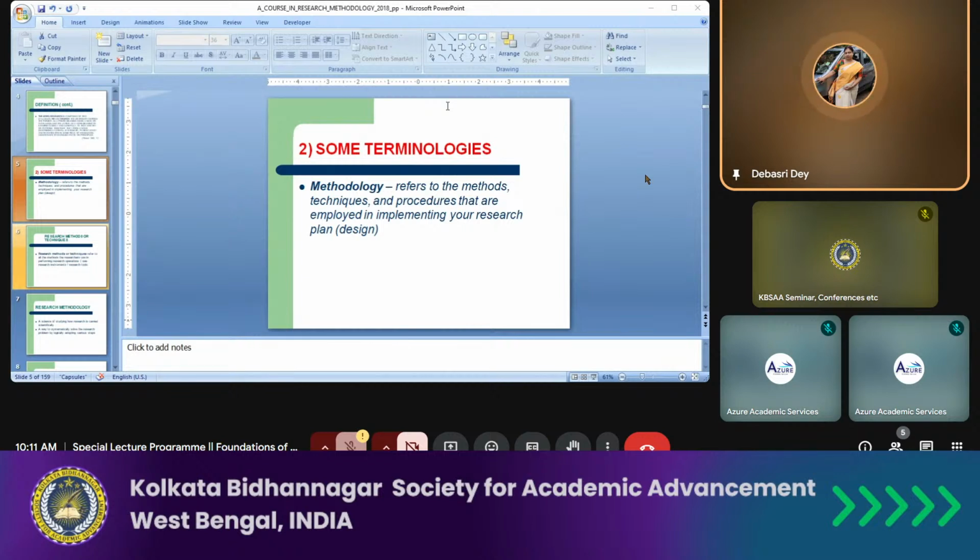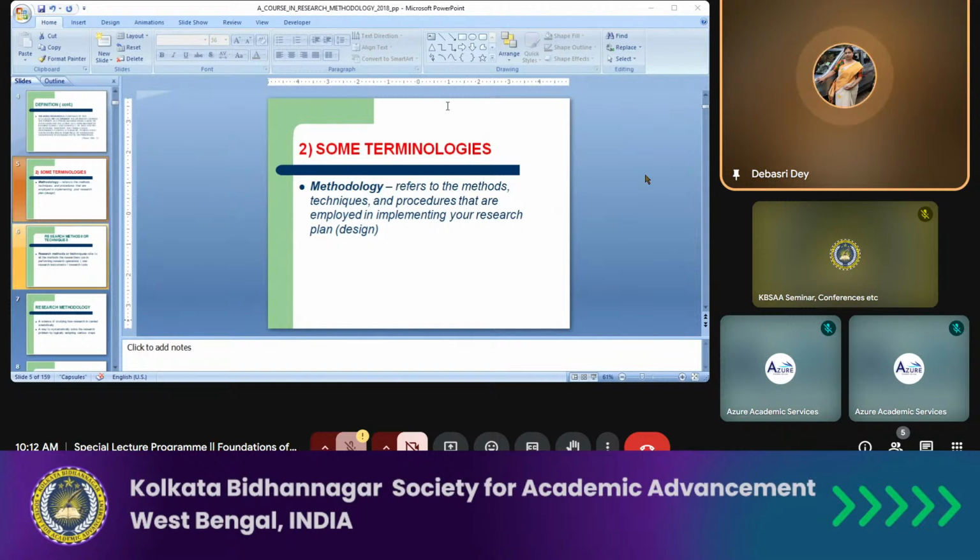Yes. Methods include all those techniques which are adopted for conducting the research, whereas the techniques or methods are what researchers adopt for conducting their own research studies. So methodology is the way in which research problems are solved systematically.